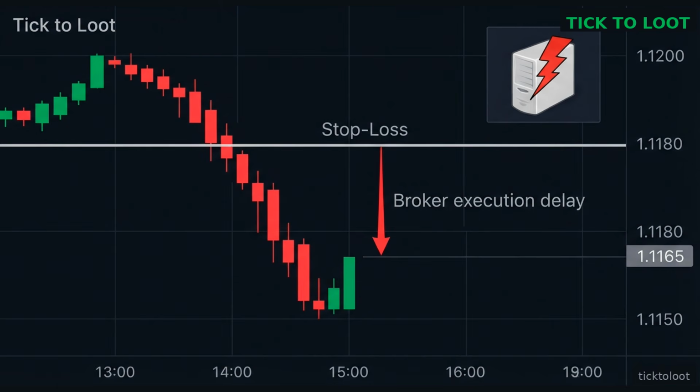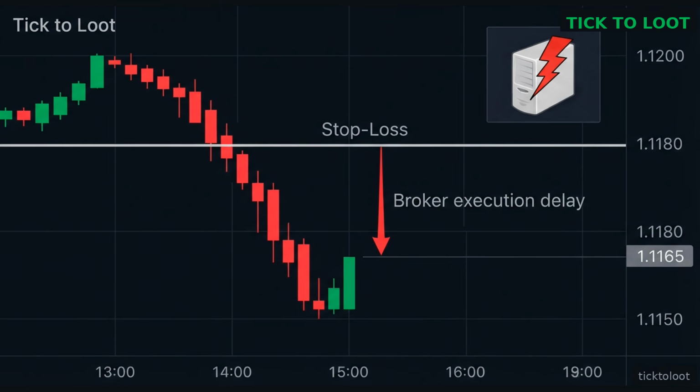In fast-moving markets, that delay can be a few seconds, and during that time, the price might keep falling. The result is slippage. The order fills at a worse price, say 1.1165, instead of the intended 1.1180. That extra 15 pips of loss directly attacks your risk management because you thought you were risking only 20 pips, but you actually lost 35.